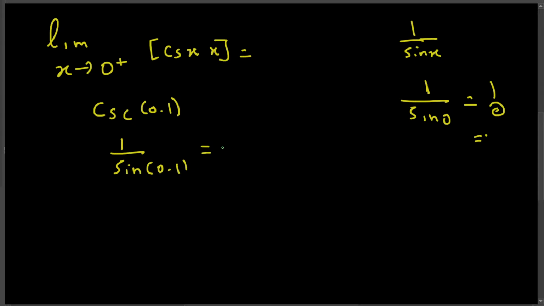If you plug sine 0.1 into the calculator, you get about 0.1. So this is 1 over 0.1, which is equal to 10. If you take 0.01, you get 0.01 in the denominator as well, and that goes to 100. If you take 0.001, that goes to 1000.